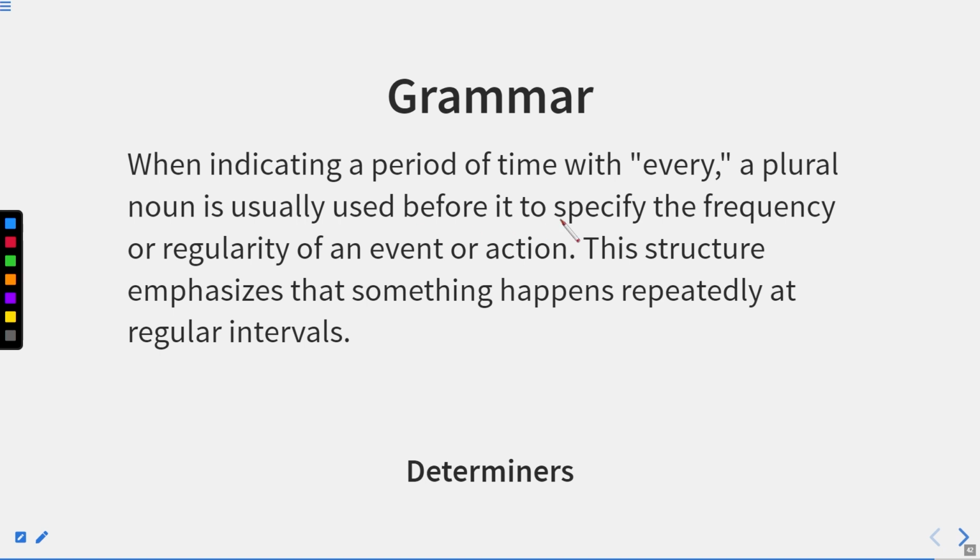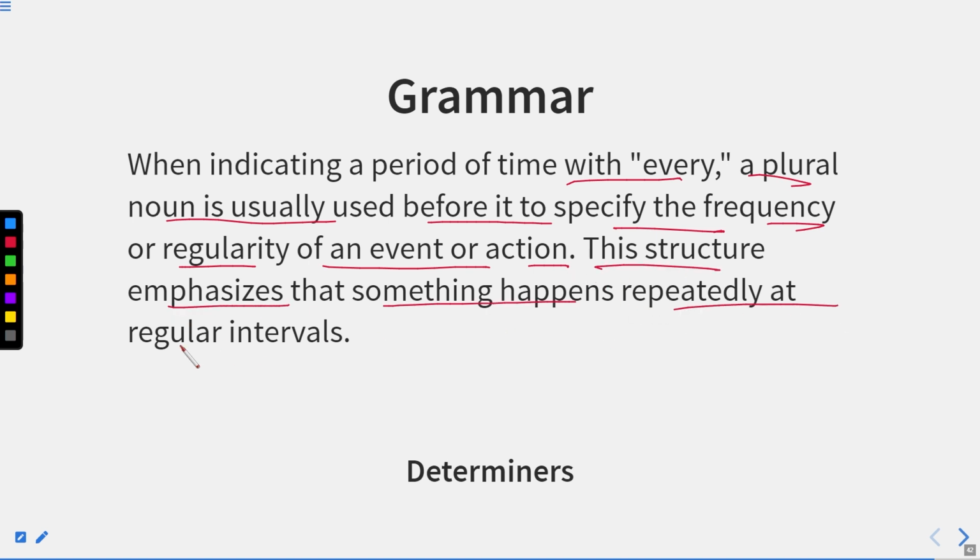When indicating a period of time with every, a plural noun is usually used before it to specify the frequency or regularity of an event or action. This structure emphasizes that something happens repeatedly at regular intervals. So we basically use every with the duration of time to show something that happens at particular intervals.